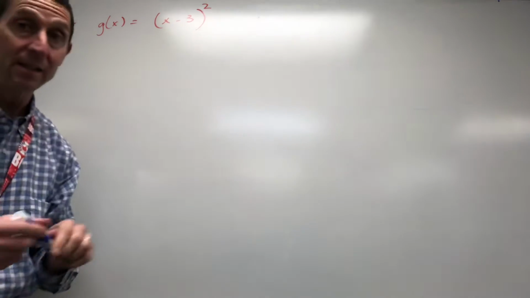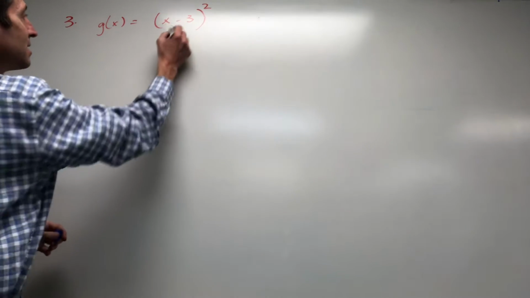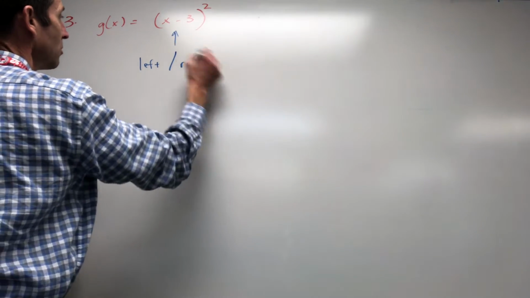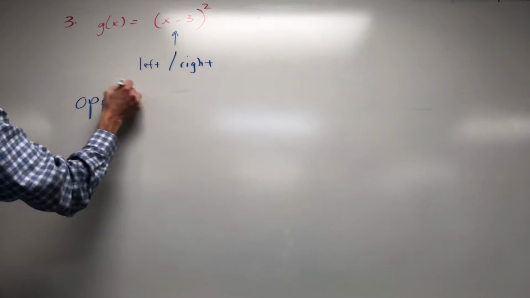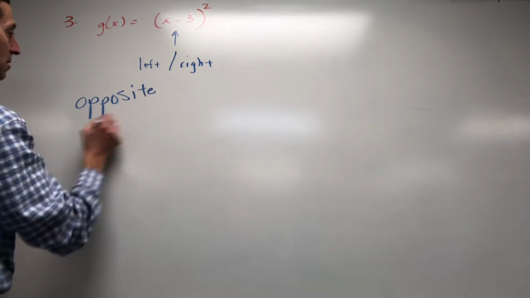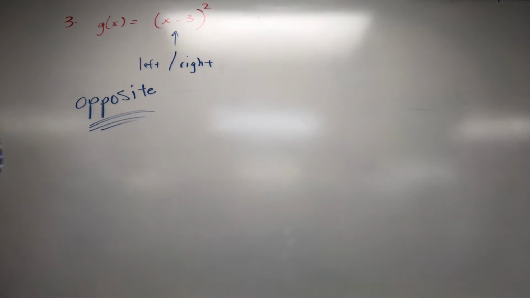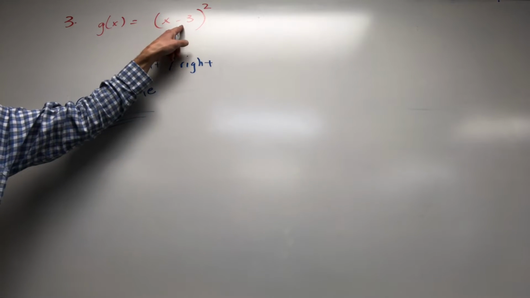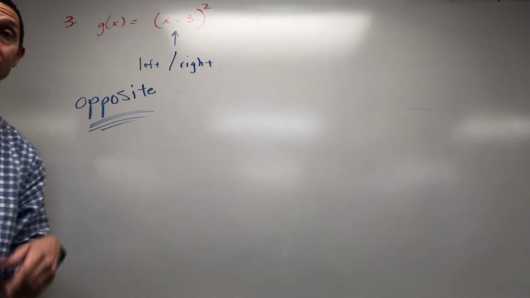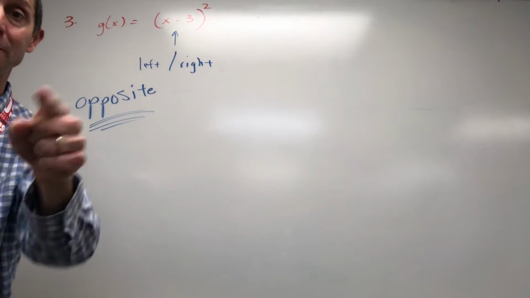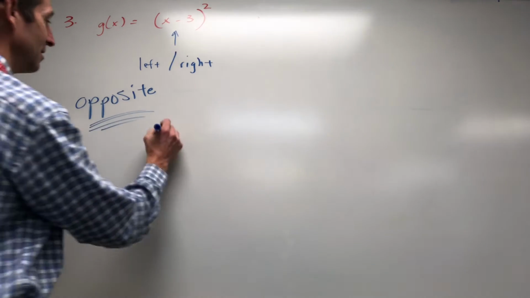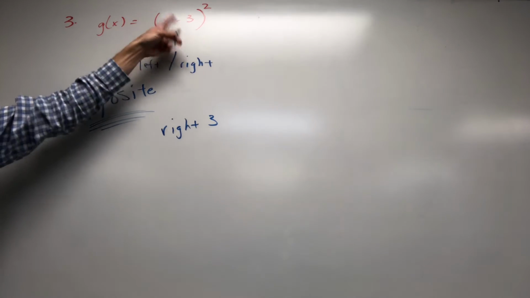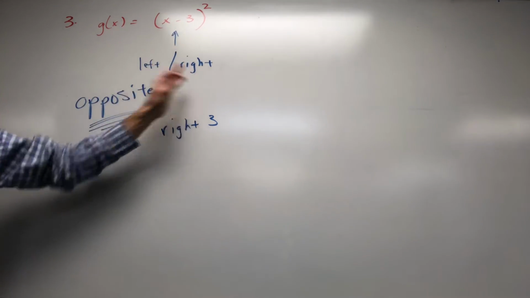If there's a number inside the parentheses, that decides whether we're going left or right. And the crazy thing is, it's always opposite of what you would think. Inside the parentheses, if you see minus 3, you would think going left, but it's the opposite. You're going right 3.